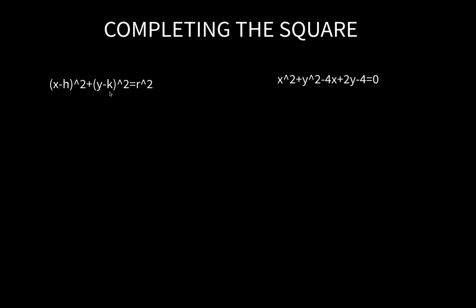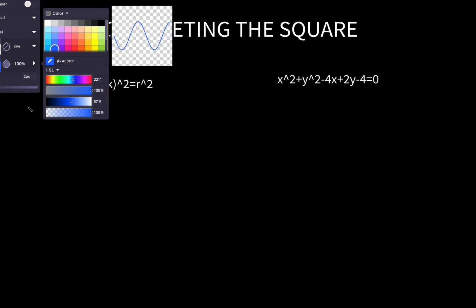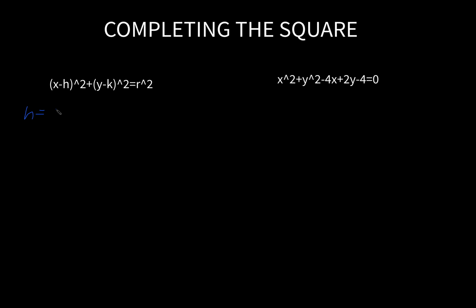So as you can see here, we have a format of a circle equation on the left. That will be x minus h squared plus y minus k squared equals r squared. In this case, h would be the x coordinate of the center of the circle, k would be the y coordinate, and r would be the radius.